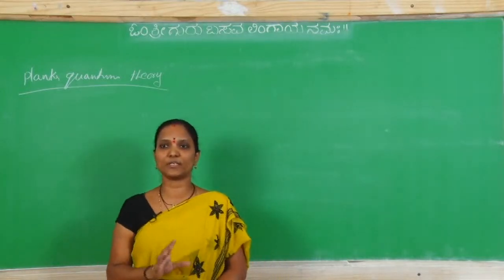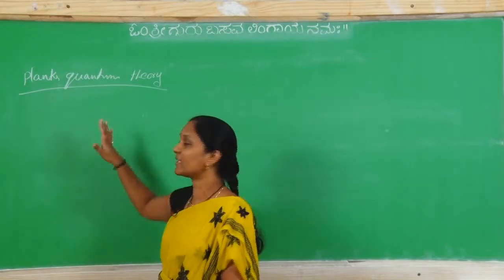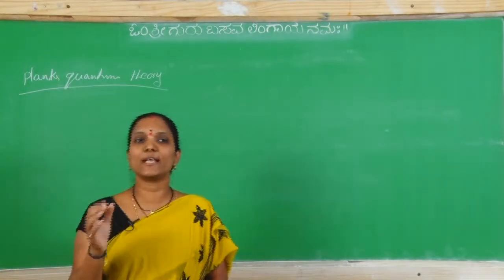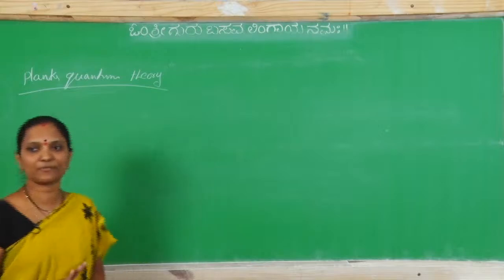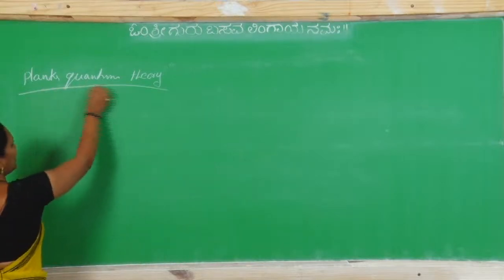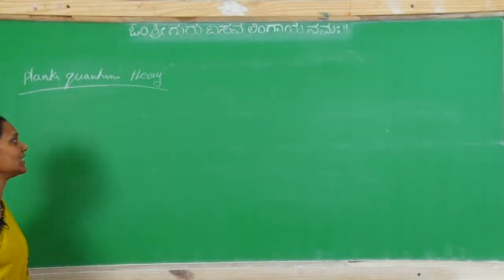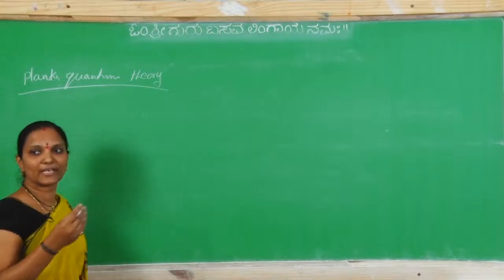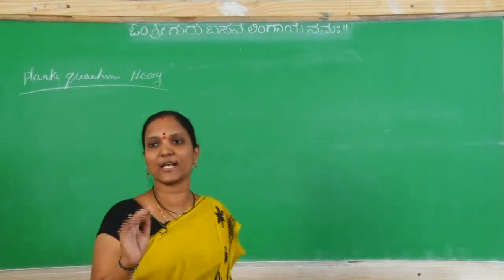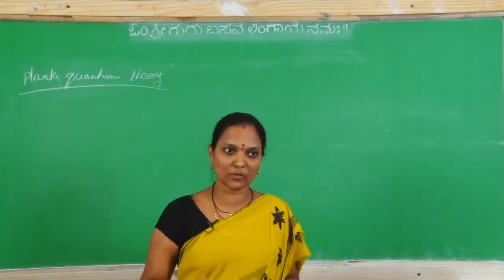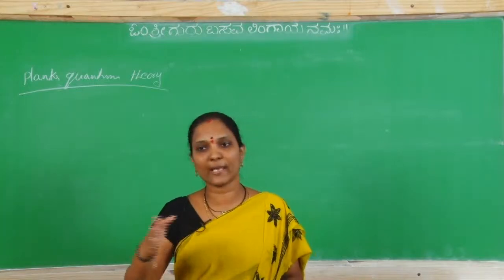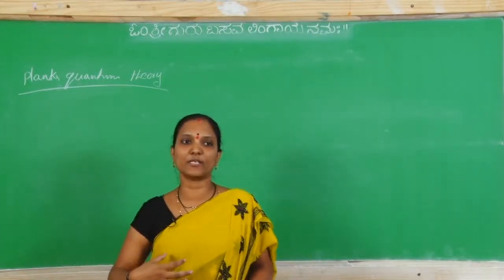Why like this? In this Planck's quantum theory, we are going to learn the nature of light. This is related to the nature of light only. So energy, nothing but light energy. According to Planck's quantum theory, energy is not emitted continuously and not absorbed continuously.